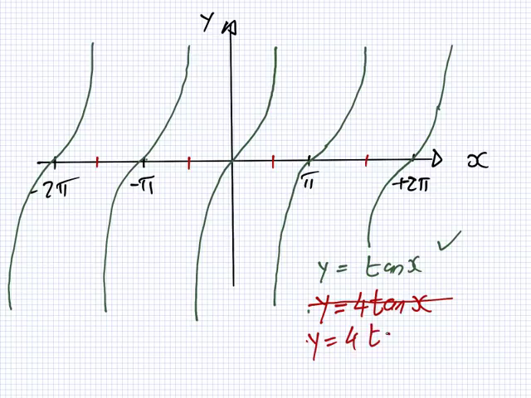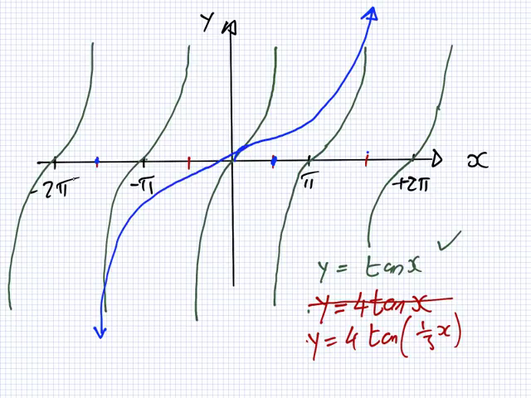4 tan 1/3 x. Now we will see a little difference here, because now it'll be 3 times bigger. So instead of breaking at pi over 2, it will break at 3 pi over 2, which is here. So the graph now gets pulled all the way over to there, and then all the way over to here.